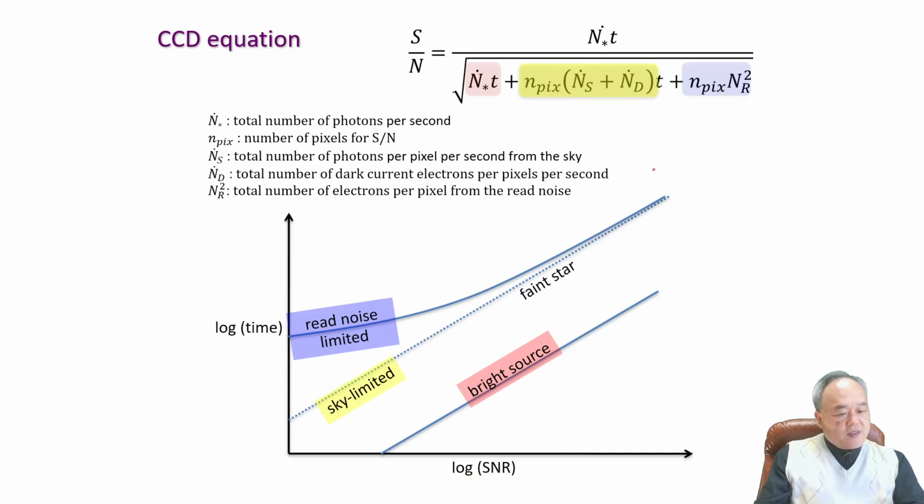Then let's think about the second case. What is the situation where the sky or the dark current is the dominant source? Because the Poissonian noise from the source cannot be dominant, that means we are observing a faint source, not a bright object. In that case the readout noise is negligible compared to the sky.